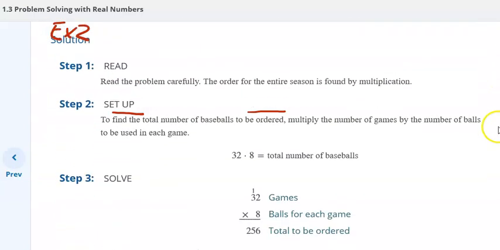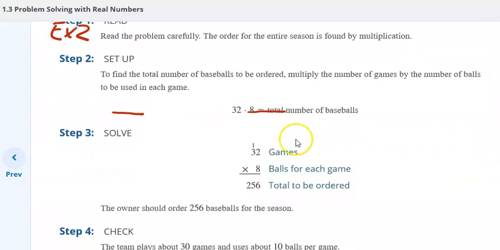So basically what you're going to write is 32 times 8 in your calculator. Here they're showing you how to do it the older traditional arithmetic way, but your answer is 256 baseballs to be ordered for the season.